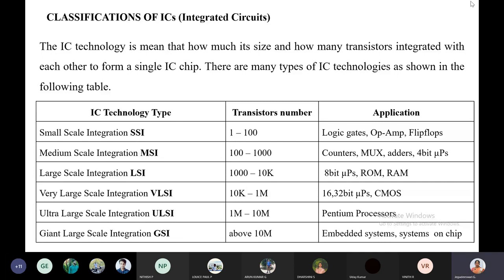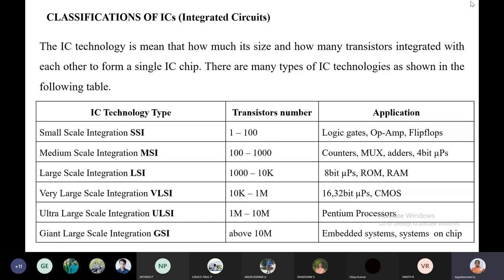Just imagine, components between 1 and 100. Maybe it could be a resistor, a transistor, a diode, or a capacitor. Within a single IC they brought up to 100 components. That is small scale integration. The applications are logic gates, op amps, flip flops, and so on.